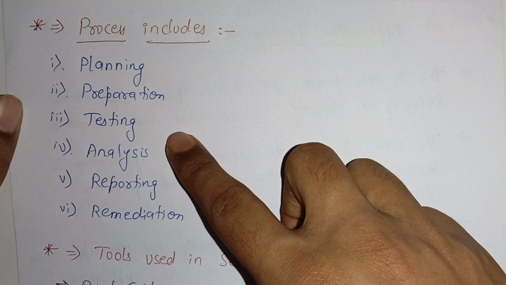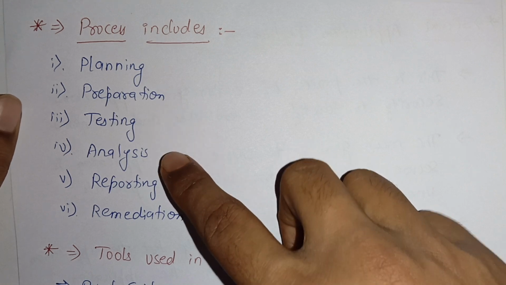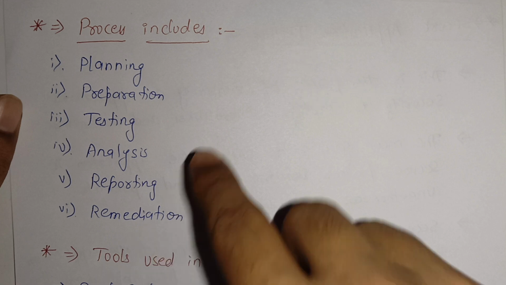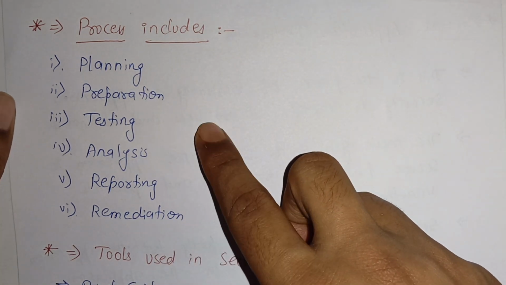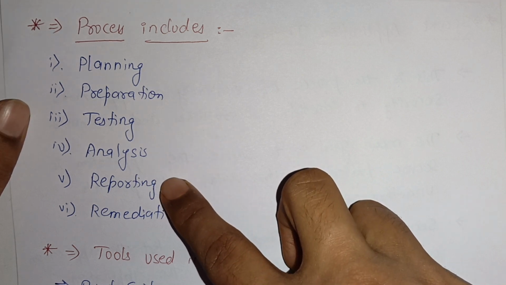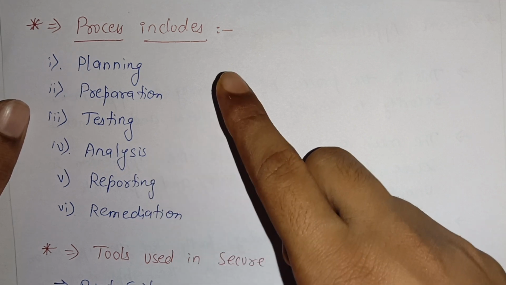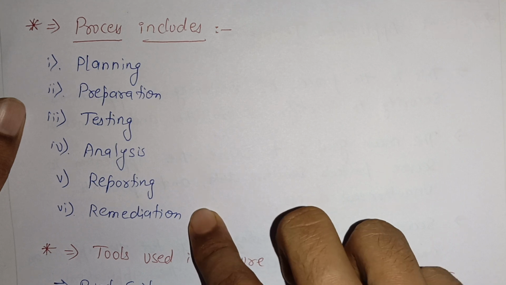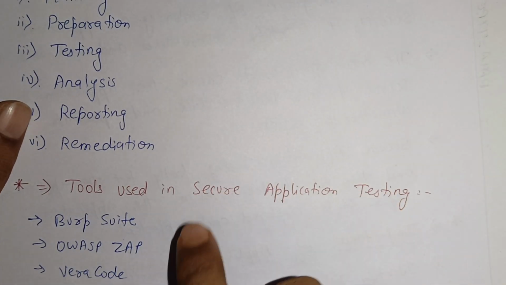Then testing: if any issues are there, it tests first and then analyzes. After testing, it analyzes whether the application is ready to work or not. If any issues come up, it rectifies them. Based on the analysis, it develops a report, and after the report, it solves the issues. So these are the 6 steps in which the whole process of application testing works.